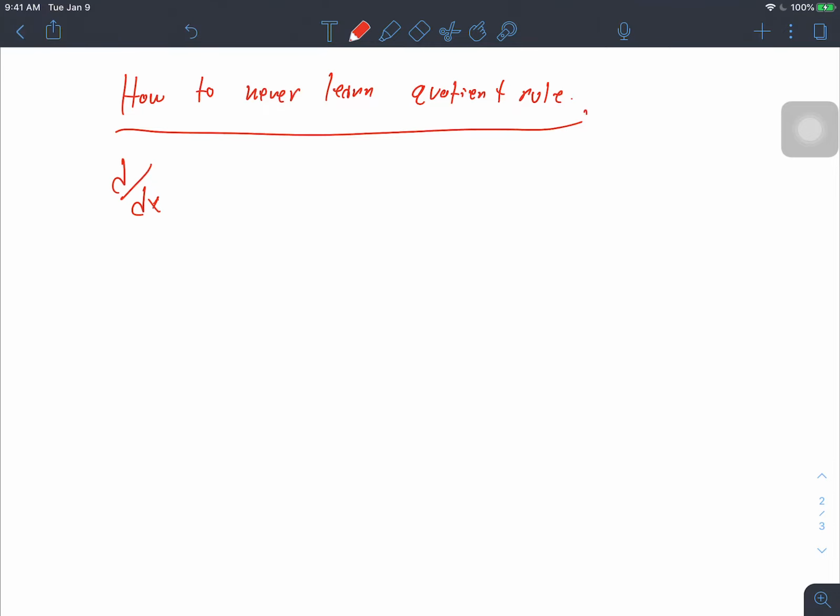We say that the derivative of f divided by g, we can write this as the derivative of f, the function f, times the function g to the power -1. Do you guys see how that's the case?